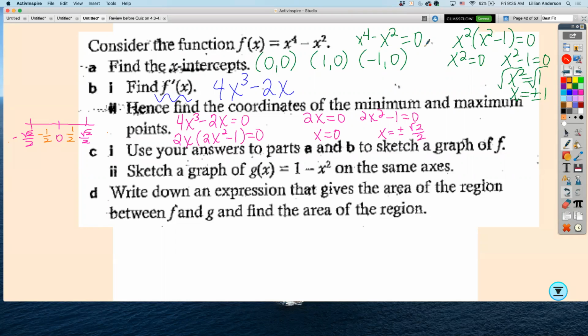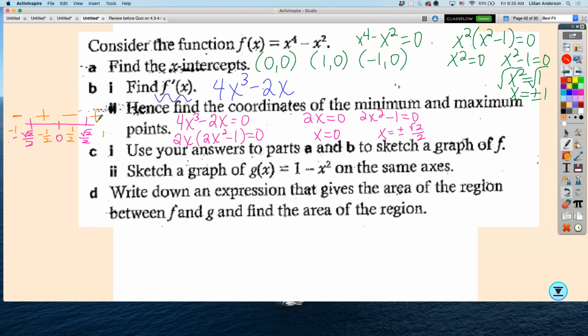So we pick our test points. They can be anything less than negative root 2 over 2, such like -1, anything in between the two, and anything greater than root 2 over 2. What were the signs going from left to right? Negative, positive, negative, positive. Remember, you're plugging your test points into the derivative to see if it's increasing or decreasing.